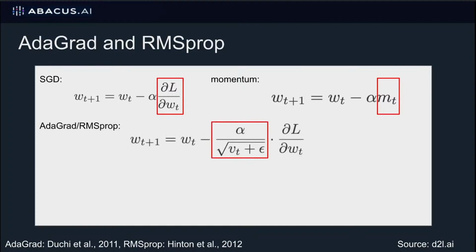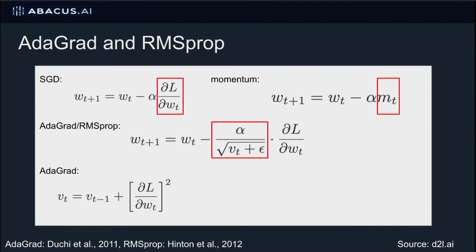In 2011, Duchi proposed a modification to the learning rate term by making it adaptive. They call it AdaGrad. The idea is that the learning rate of a parameter is divided by its typical gradient size averaged over many optimization steps. In more detail, the cumulative squared gradient V at step t is calculated by adding the squared current gradient to the running mean of the previous step.